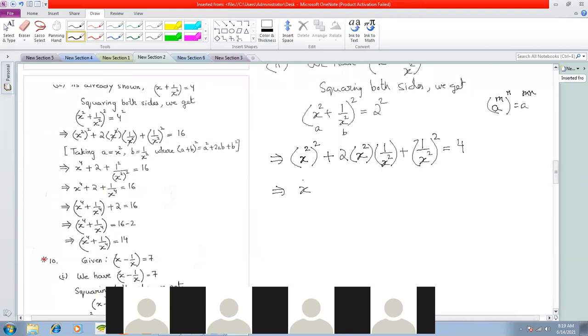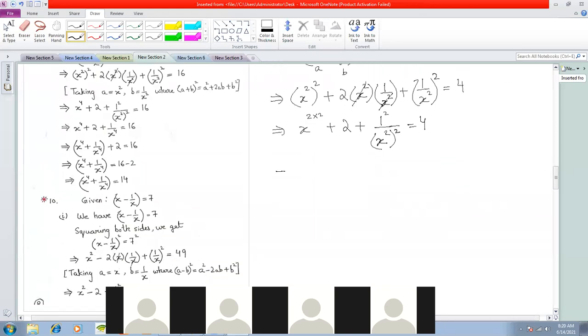This is in the form of a to the power of m whole to the power of n, so the powers will be multiplied: x to the power of 2 into 2, plus 2, where these two cancel, you simply get 2 here, plus 1 by x square whole square, which is equal to 4. So that means this is x to the power of 4 plus 2 plus 1 by x to the power of 4, which is equal to 4.